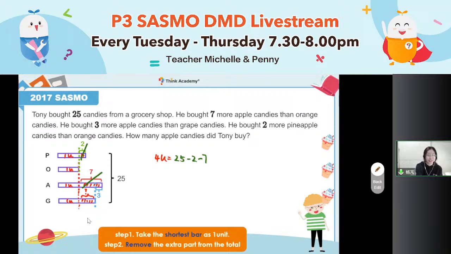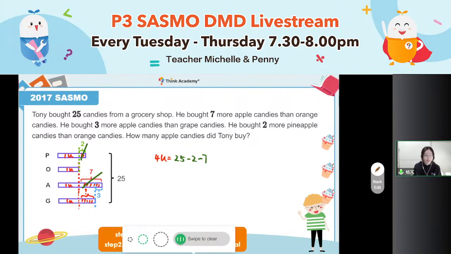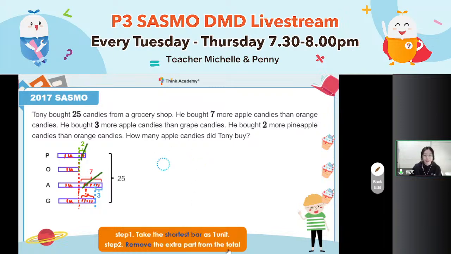Actually, this part should be 4. So how do we find out the 4 units? We need to use 25 minus 2 minus 7 and minus 4. So equals 12. That is right. This part is a 4, so it's a little bit tricky.